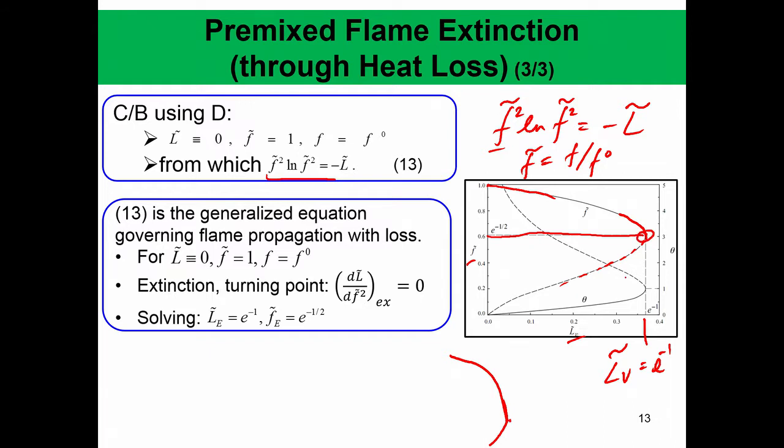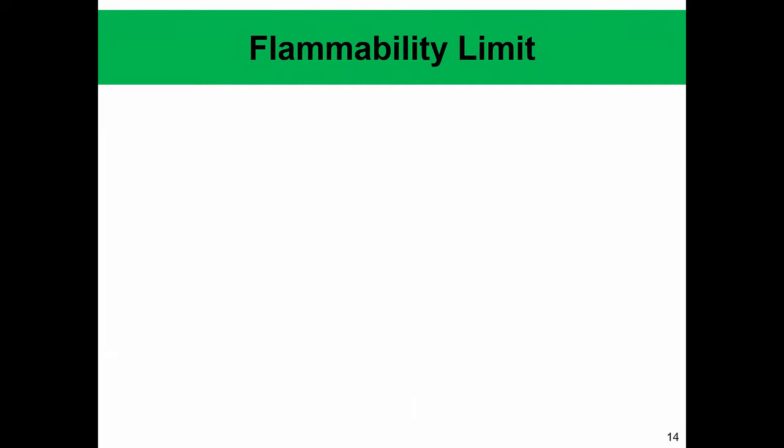So this analysis clearly shows that with increasing heat loss you will get extinction for all flames, and that is intuitive to understand, but this gives a very beautiful expression, F square log F squared is equal to minus L, from which we can analytically calculate this extinction point. So this is an important analysis that we have done.